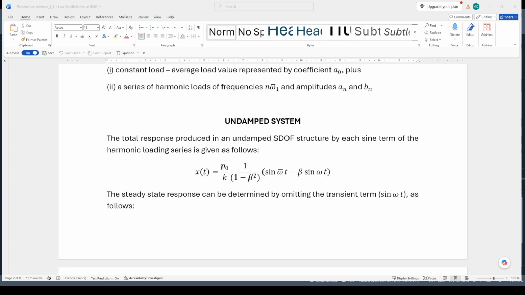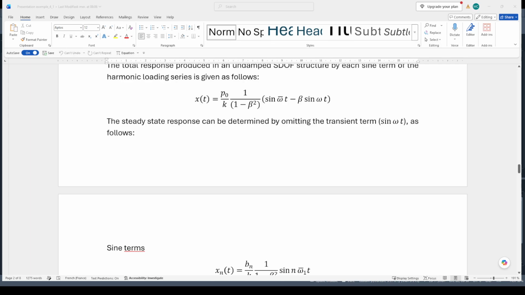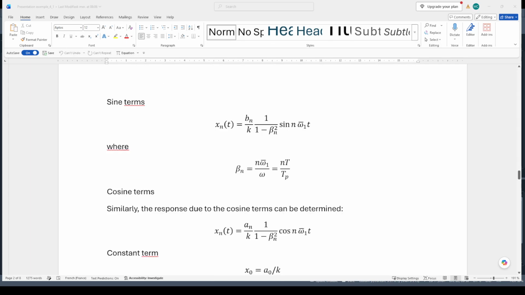The steady state response can be determined by omitting the transient term. We can rewrite x_n equal to p_n divided by k, multiplied by 1 over 1 minus beta n squared, times sine of n omega 1 bar times t, where beta n is n omega 1 bar divided by omega.